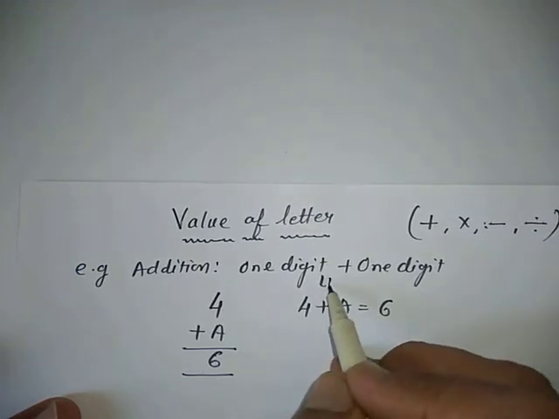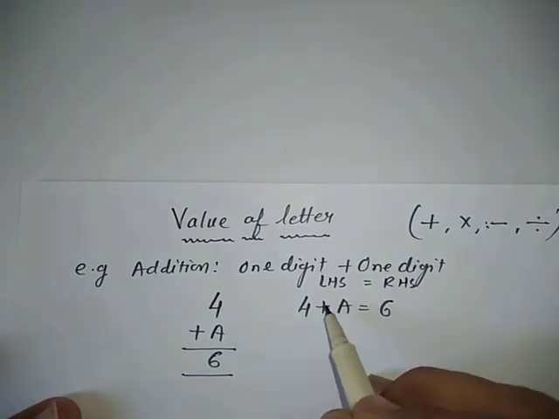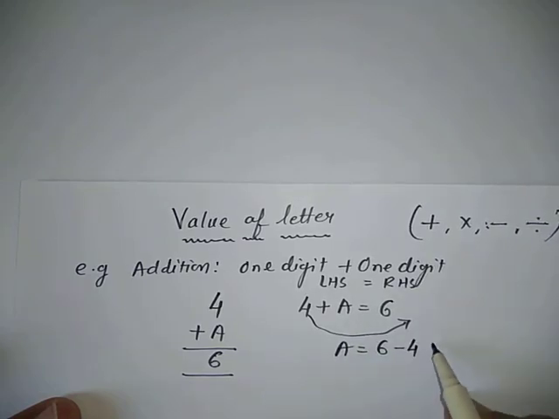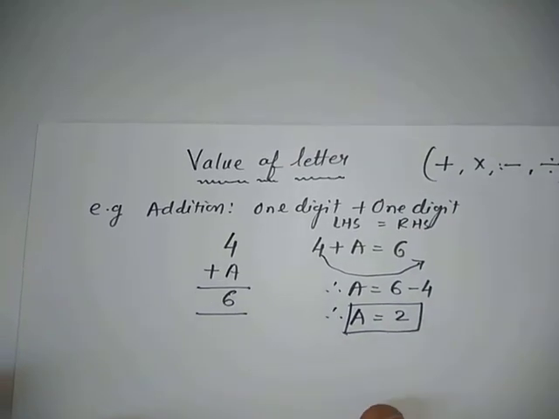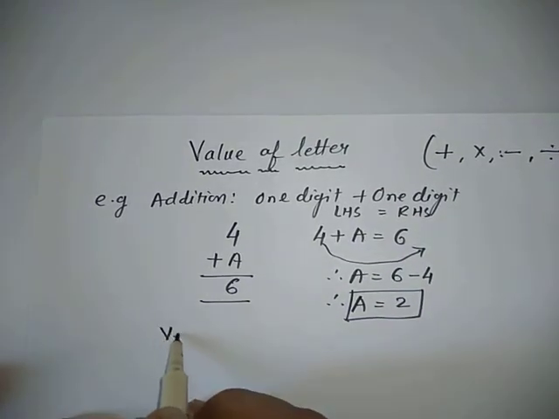Already we have learned the equation form, that LHS is equal to RHS. So if we change the position from LHS to RHS, a is equal to 6 minus 4, and we will get a is equal to 2. So we have got the value of the letter a. We can verify also.